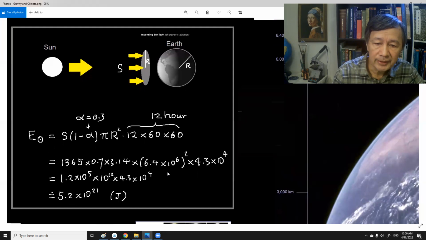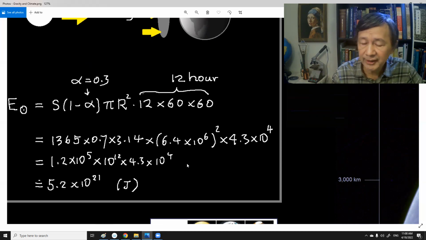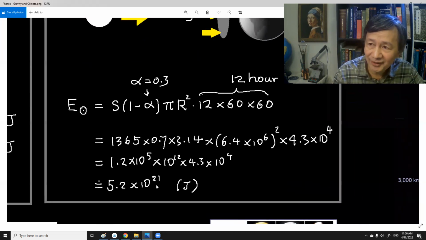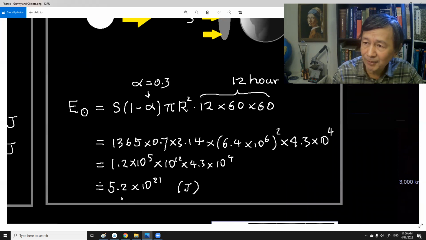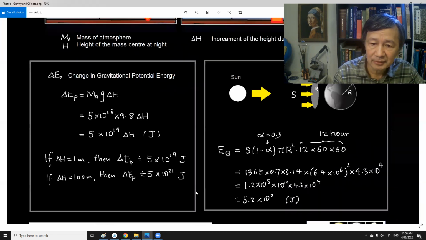Putting these numbers together, with a factor representing the 12 hours during the day, we get a number very close to our second scenario.